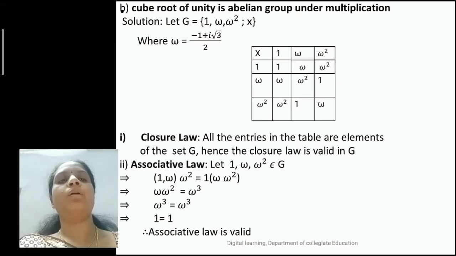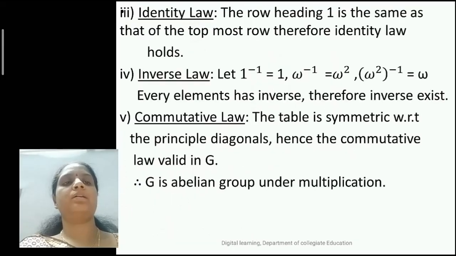Therefore, the inverse of 1 is 1, the inverse of omega is omega square, and the inverse of omega square is omega. Every element has an inverse, therefore inverse exists.